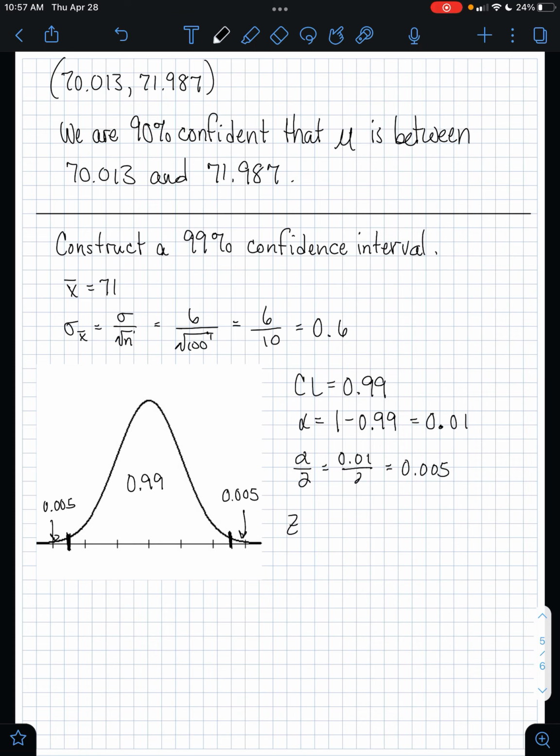So our z-score then, our z sub alpha over 2, is going to be inverse norm of 0.995, comma 0, comma 1.